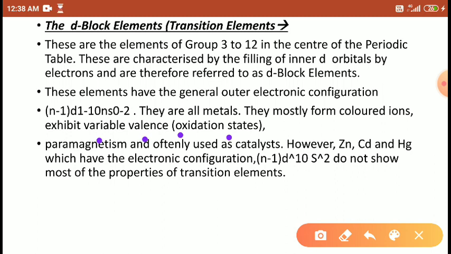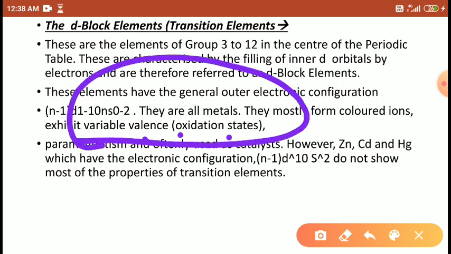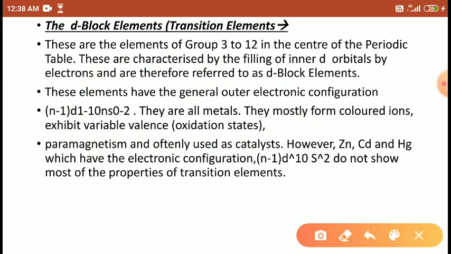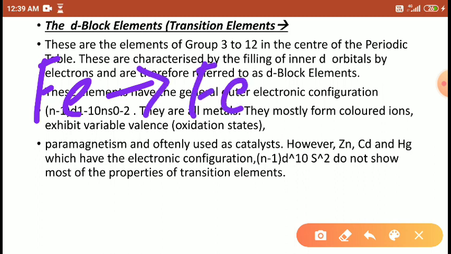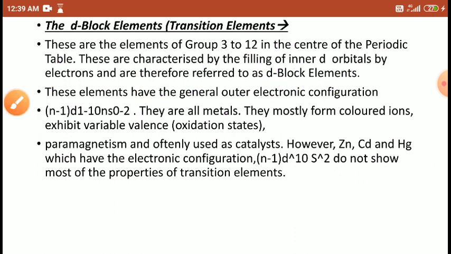Here, more unpaired electrons exist when the atom turns into ions. That's why they have variable valency. I will give an example in the next slide, students.